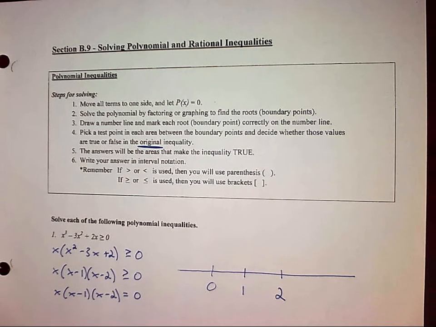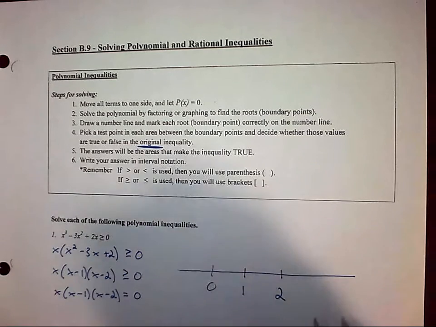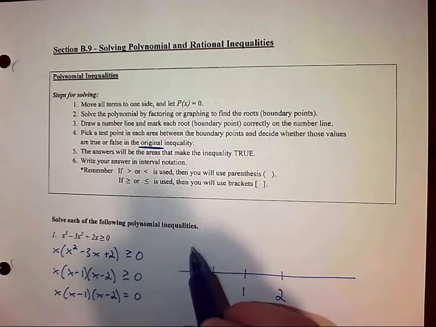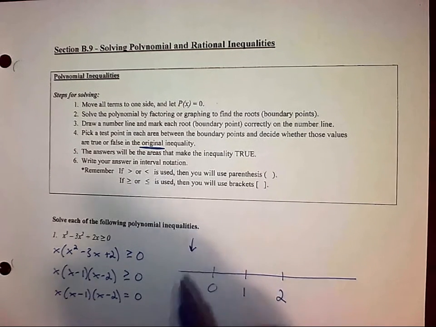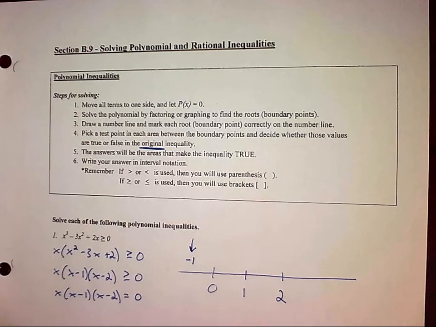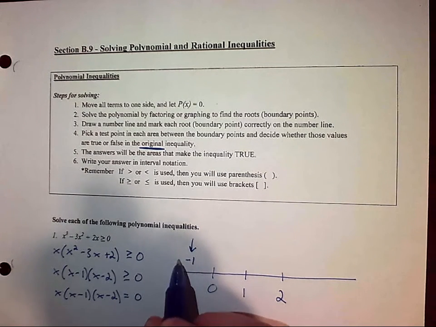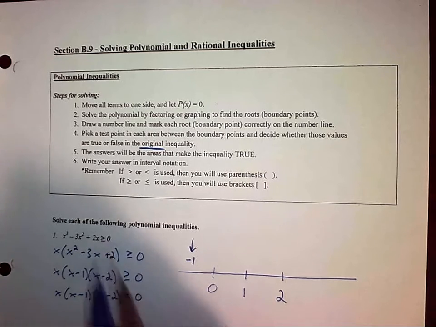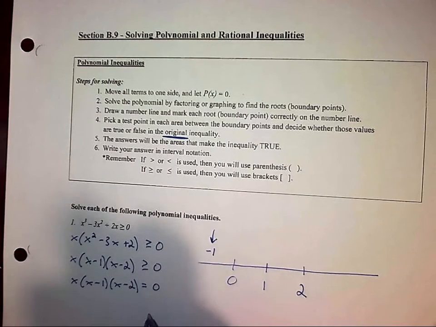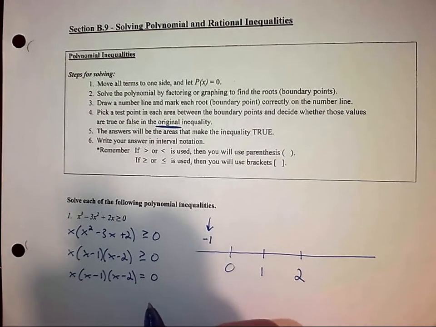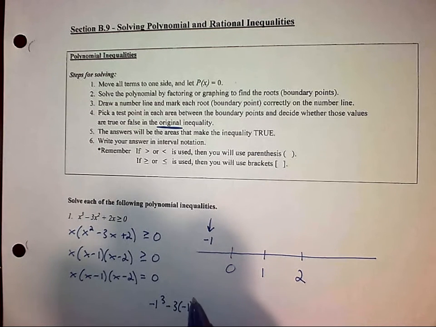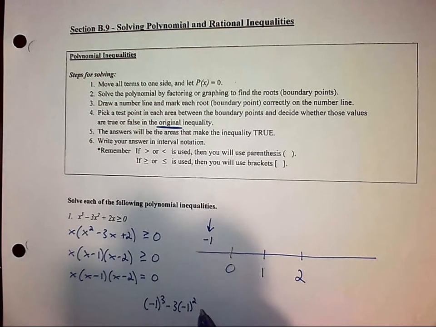And now what we want to do is pick test values and see if they work out. So if I pick some negative number from over here, say I pick the value of negative 1, I'm going to plug this negative 1 back into the original inequality. So if I choose negative 1, we're going to get negative 1 cubed minus 3 times negative 1 squared plus 2 times negative 1.